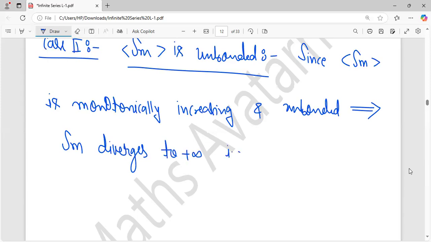It means it diverges to plus infinity. Okay.